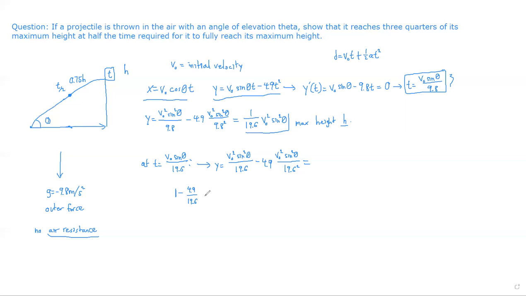But that's just 1/4, so you get 3/4 of this term. So y is equal to 3 over 4 times 1 over 19.6 v naught squared sine squared theta.